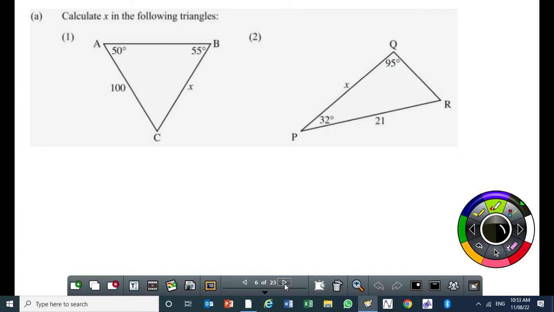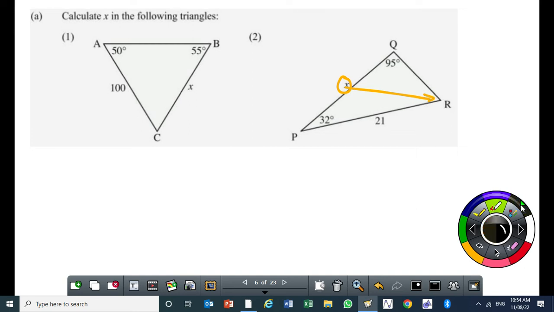Then, the second question, again, you are supposed to calculate x, but x is opposite angle r. But angle r is not given, which means the first thing is to determine the size of angle r. Fortunately, we are given two interior angles, so we can use geometry of triangles to calculate the size of angle r.